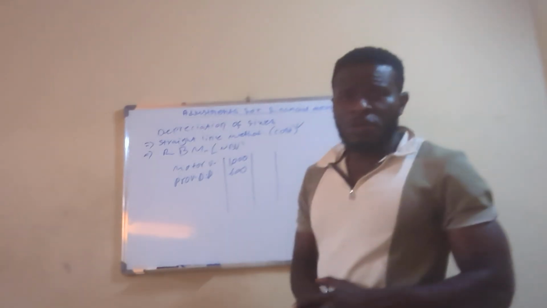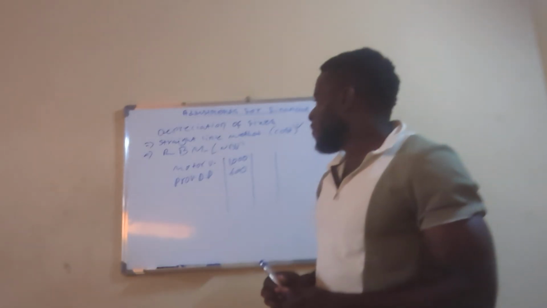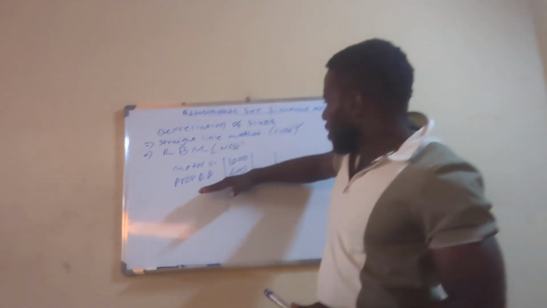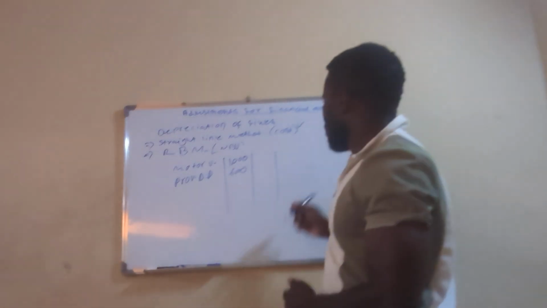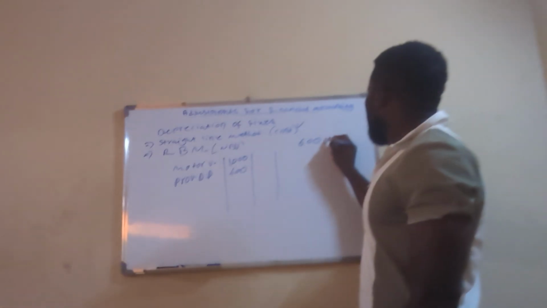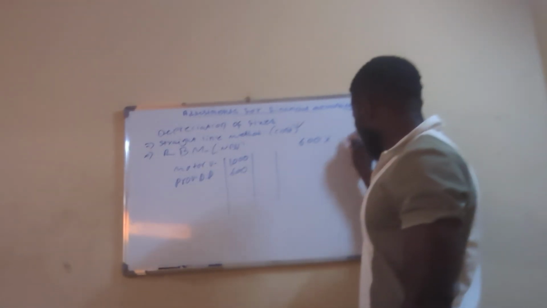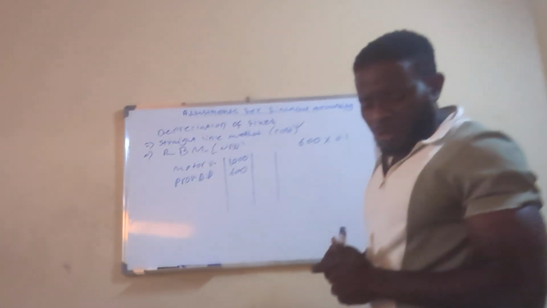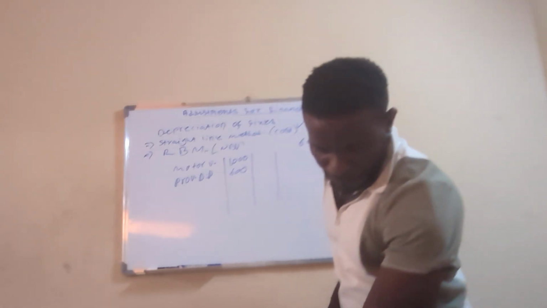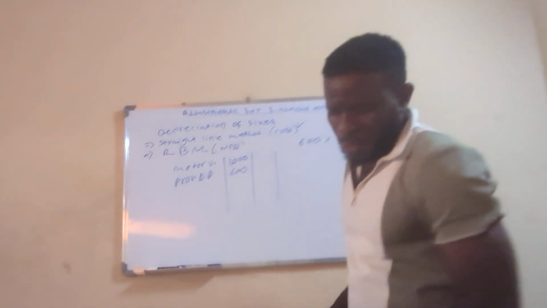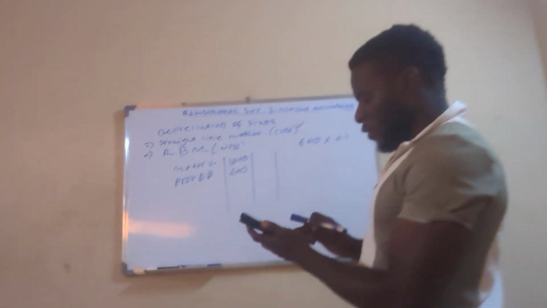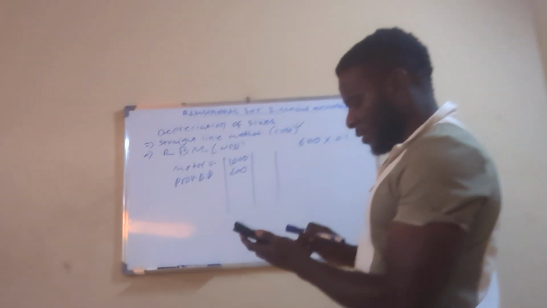So now, this is what we are going to do. Now I've started explaining the reducing balance method. With the reducing balance method, we are going to get this amount, the 600, and then multiply it by 10%. So we have 600 times 10%.